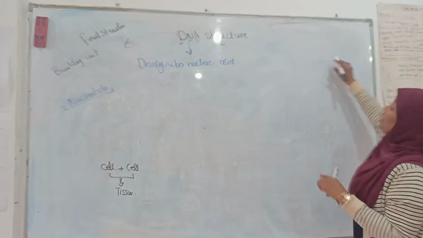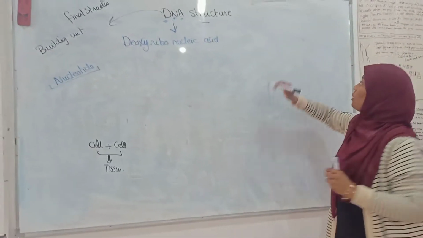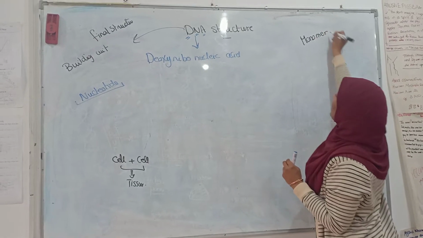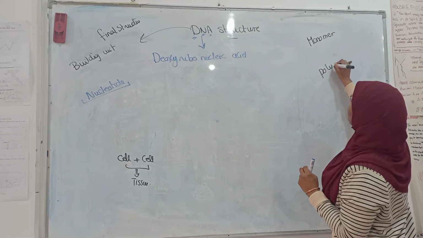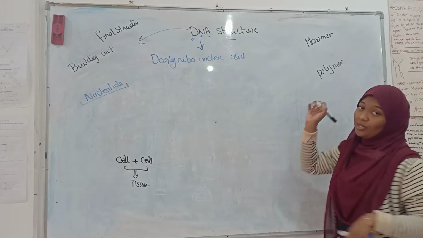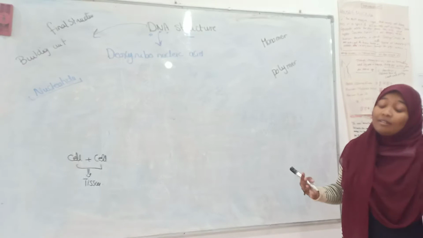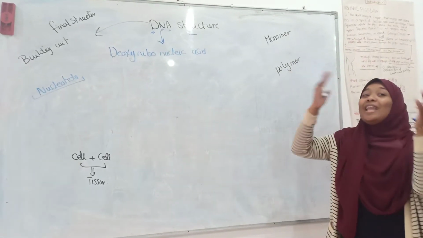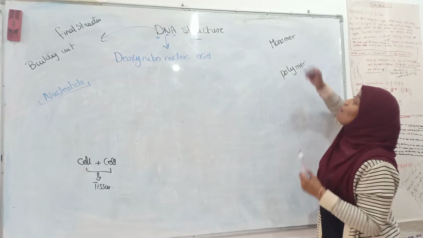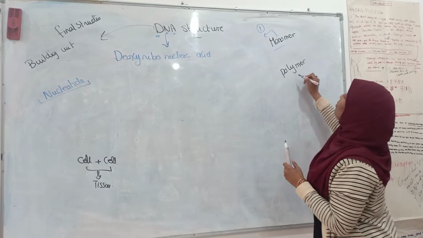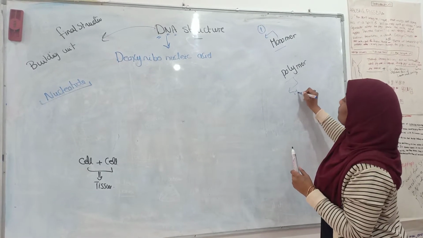Okay, so there's two different terms. One of them is called monomer, and the other term is called polymer. And as usual, in order to memorize all those terminologies, which I know that they are a lot, you have to split the word. What do you mean by that? Mono means one. Poly means many.